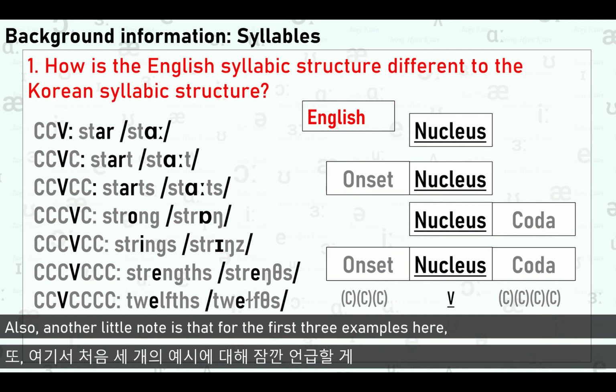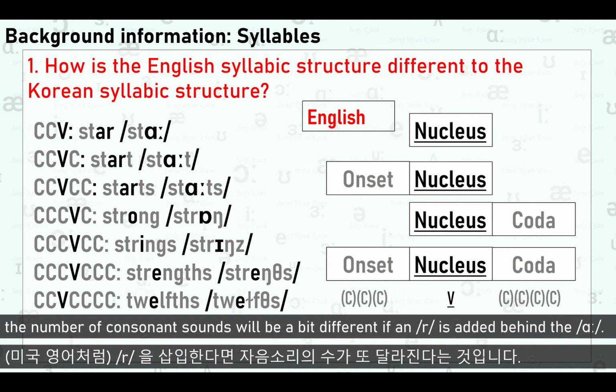Also, another little note is that for the first 3 examples here, the number of consonant sounds will be a bit different if an R is added behind the R.